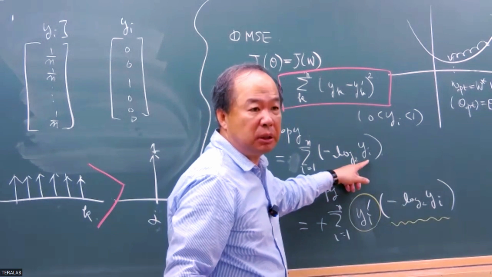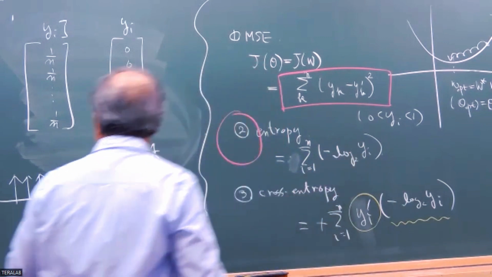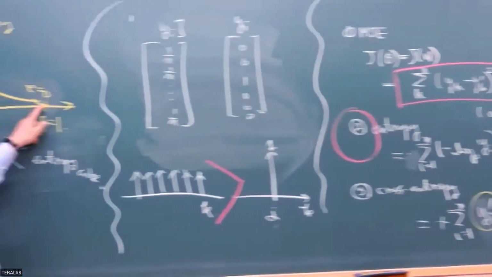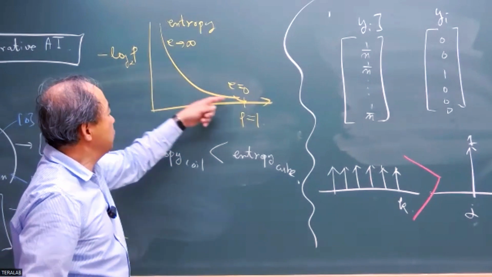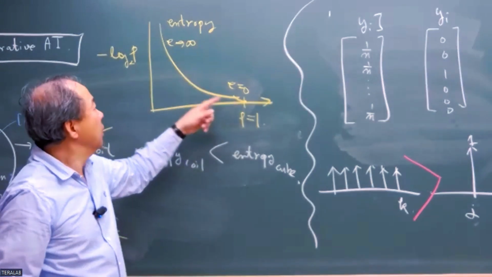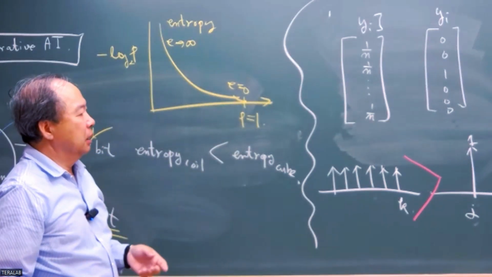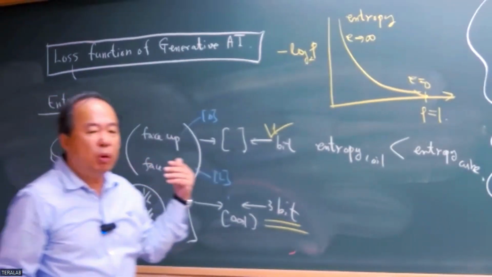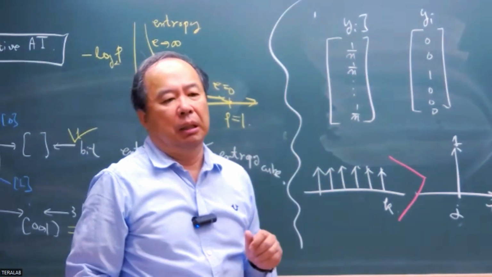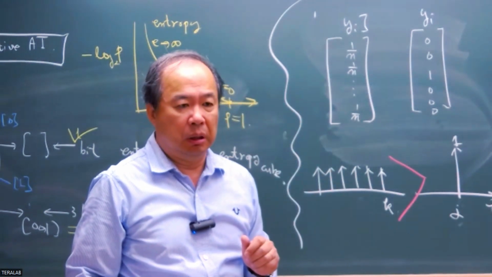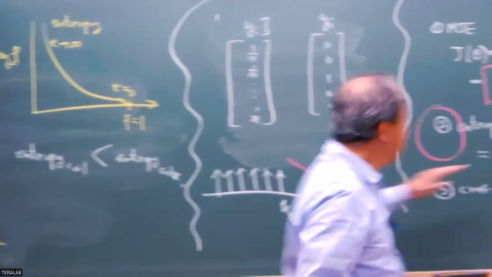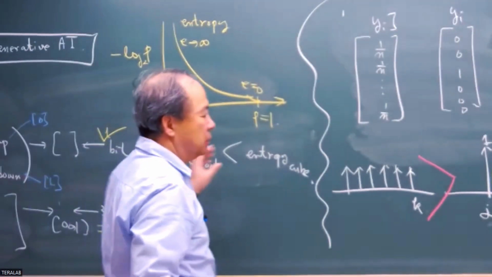Y is actually the probability distribution of the output. If yi is becoming near to 1, because this is a log function, this entropy function is becoming 0. That is the minimal point. And during the backpropagation, we want to find the optimal weight which gives the minimal loss function.